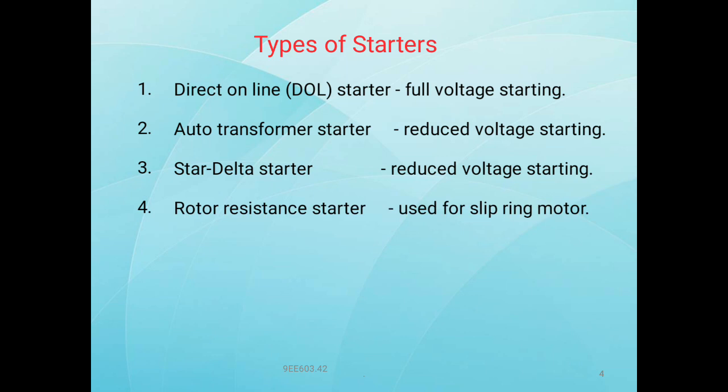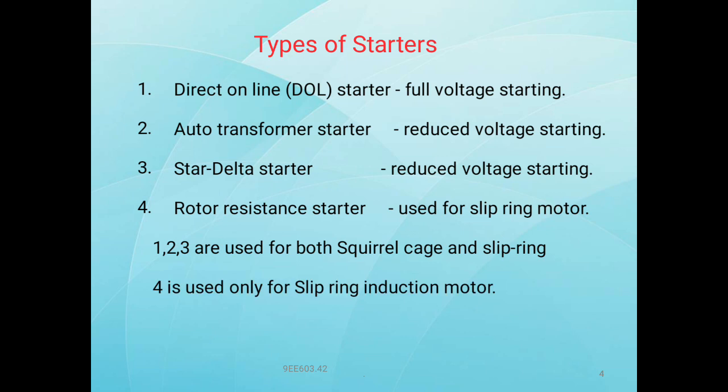Rotor resistance starter, it is used for slip ring induction motor, and 1, 2, 3 are used for both squirrel cage and slip ring induction motor. The fourth one is used for slip ring induction motor.